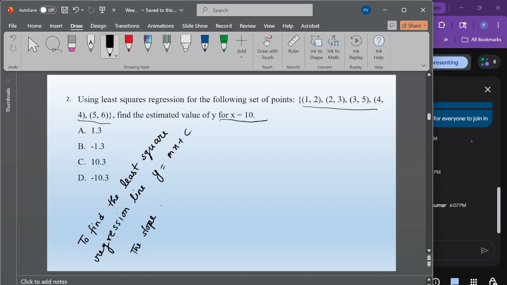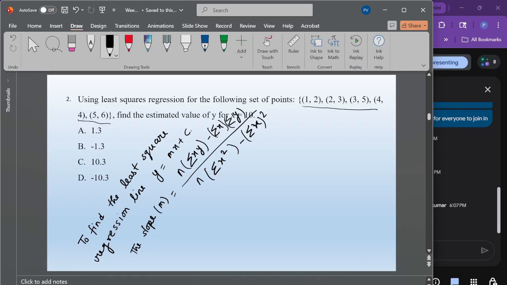The slope m is calculated by n summation of xy minus summation of x and summation of y, divided by n summation of x square minus summation of x whole square.